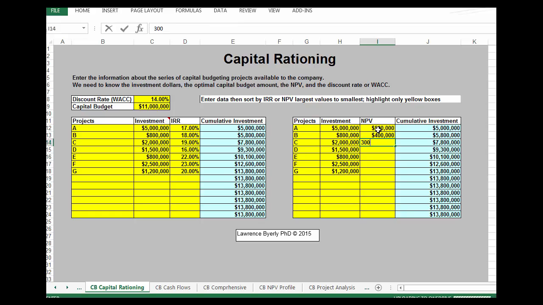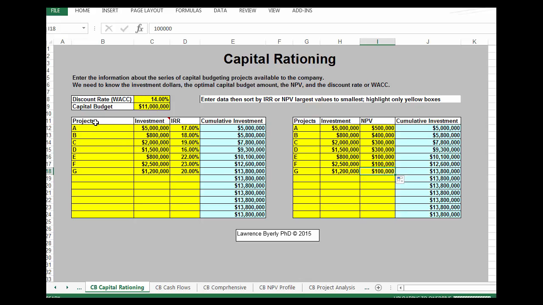Then we go 300,000, 300,000, then 100,000, and we're going to copy that down. So here are the net present values of these 7 projects, and here are the internal rates of return for the projects. Again, back to our story, management only wants to spend $11 million. So the discount rate is 14%.